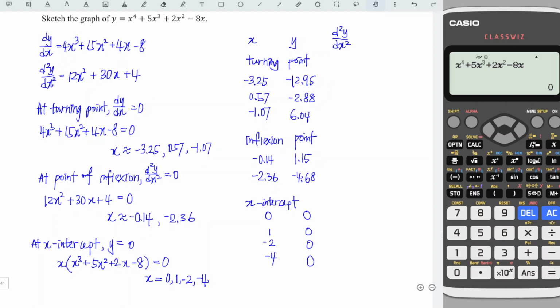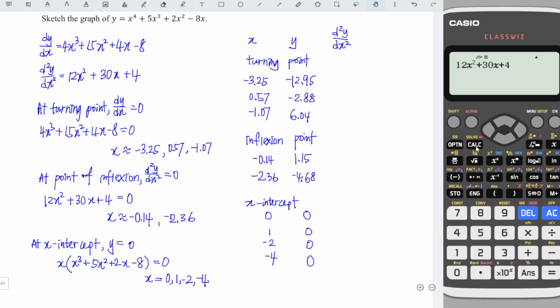So at the x-intercept, y is always equal to 0. Now we are going to determine the nature of all these turning points. So make use of d²y/dx², the one that we obtained here. We just input accordingly. So we have 12αx² + 30αx + 4.